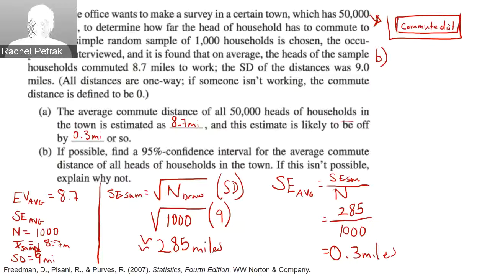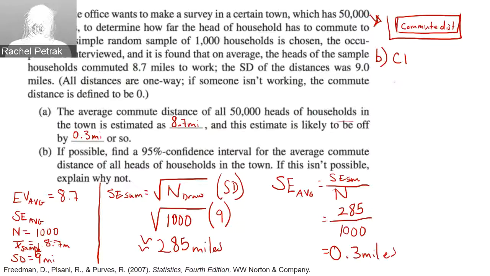Yes, it's generally possible, as long as we would expect this to be normally distributed. And we haven't been given any reason to think it's not at this point. It is a simple random sample. If this wasn't a simple random sample, then no, we couldn't. But we do have a simple random sample here.